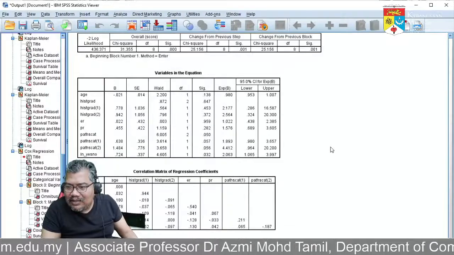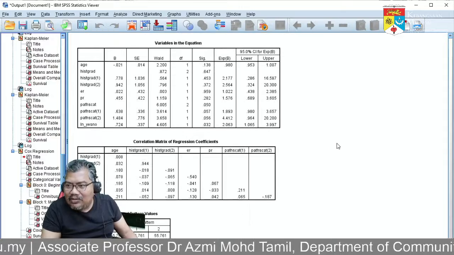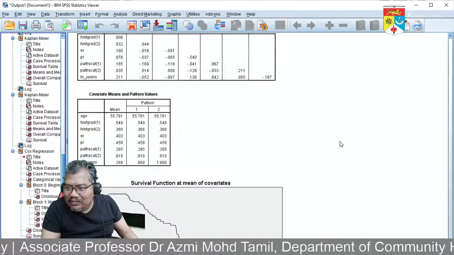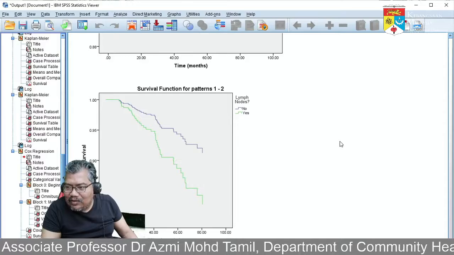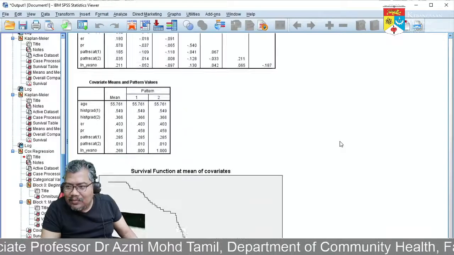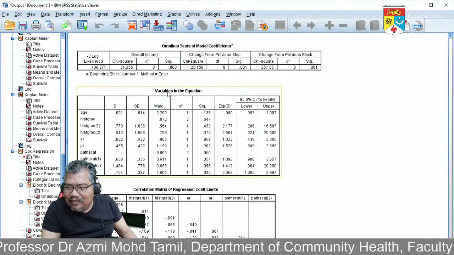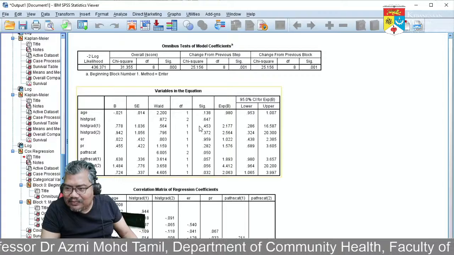So you will see here, according to the variables in the equation, please take note that we took the strategy enter, so everything is included inside the analysis.